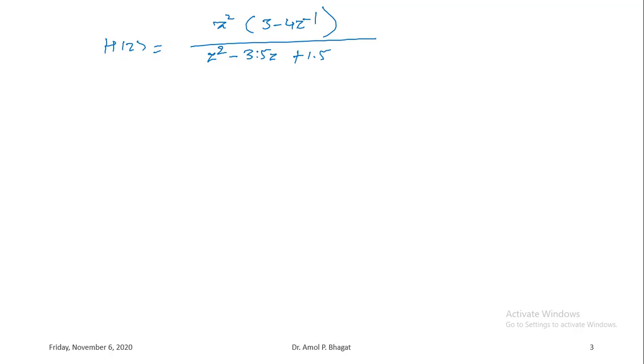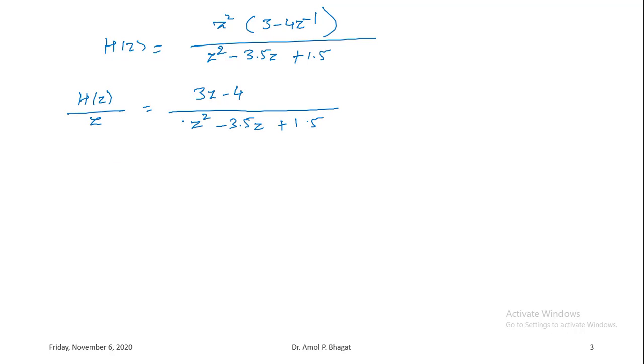Okay, so again, for partial fraction expansion and to keep the negative power of z out of the denominator, I will send one z to the left hand side, so I can represent it as H of z upon z is equal to the remaining z from here multiplied with the bracket, so it will be 3z minus 4, right, whole upon z square minus 3.5z plus 1.5, right?